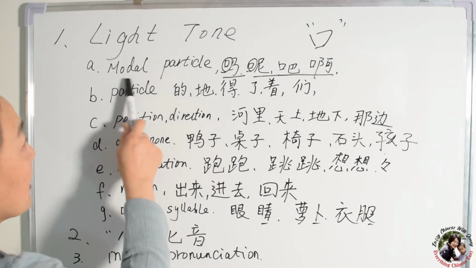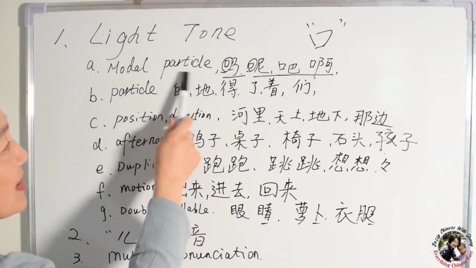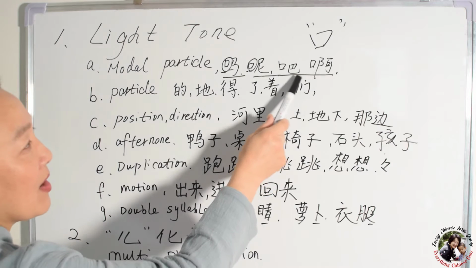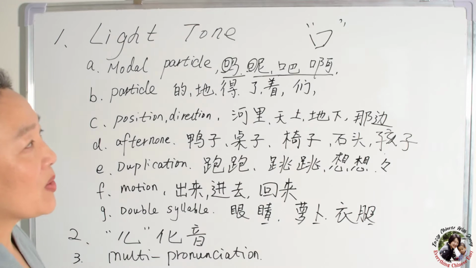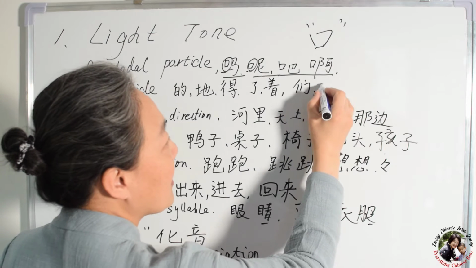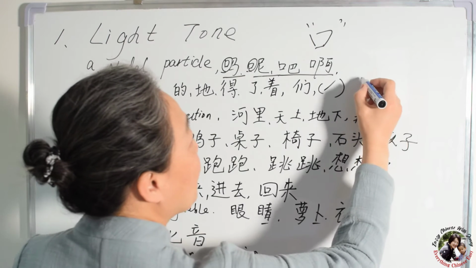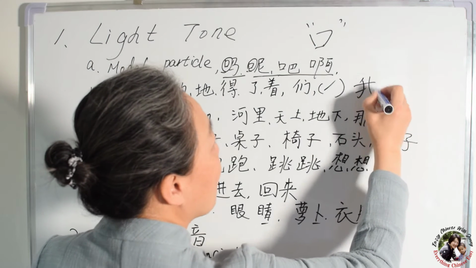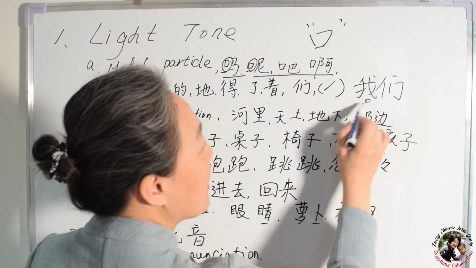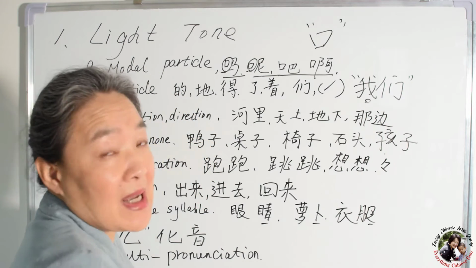So this kind of particle is also like 的, we have learned this character 的, 地, 的, 了, 们. When it is a character alone, it is a second tone, 们. However, if you put this with 我, remember we have learned this means I. 我们 together is a plural, means us.